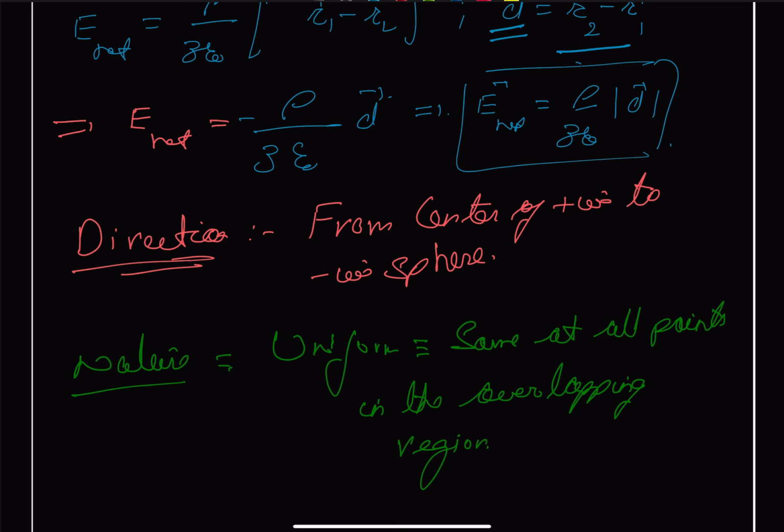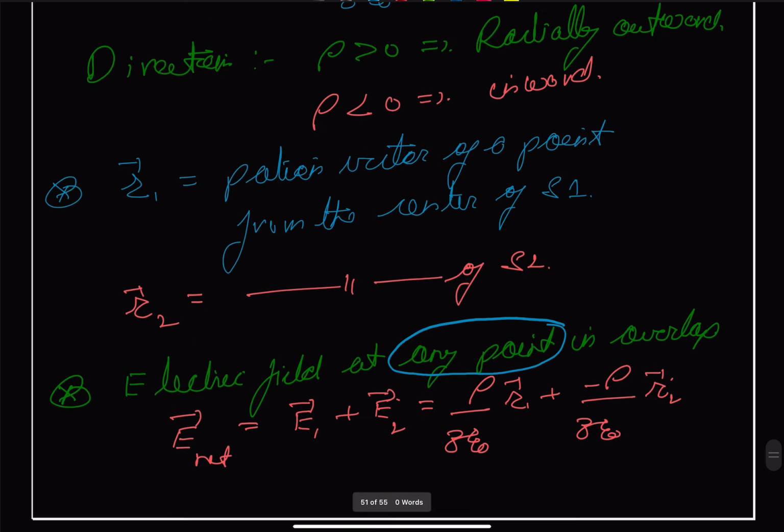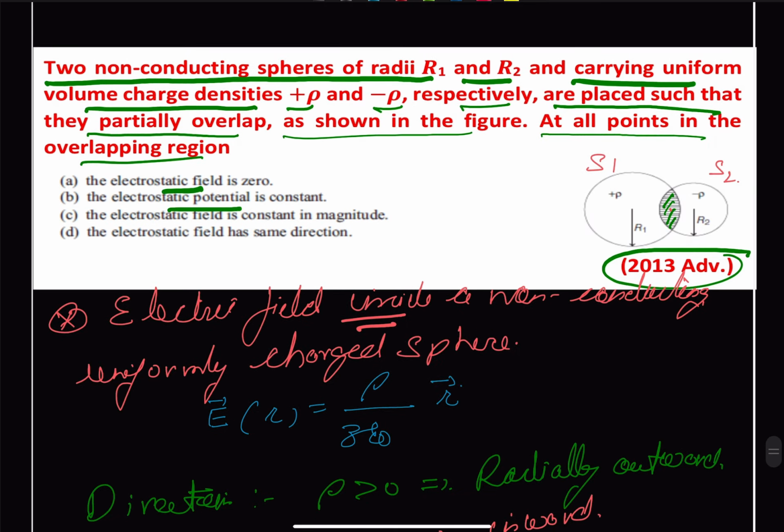And so we found out that our electric field is constant in magnitude, and the direction will be the same, that is from the positive to the negative.